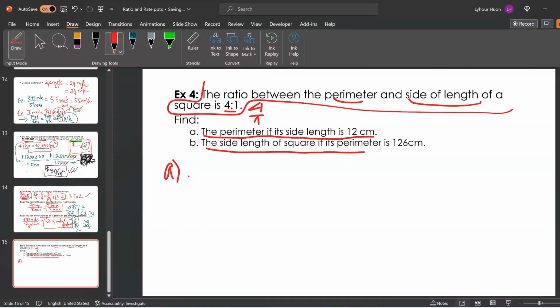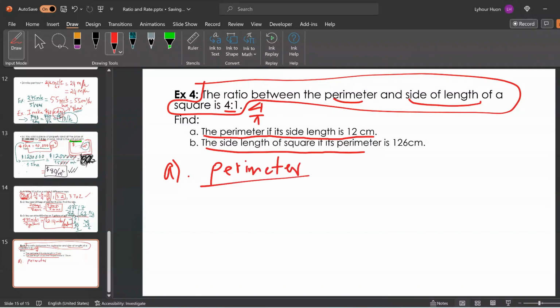The first line says the ratio between perimeter and side length is 4 to 1. So we can write perimeter over length equal to 4 over 1. Correct? Yes.